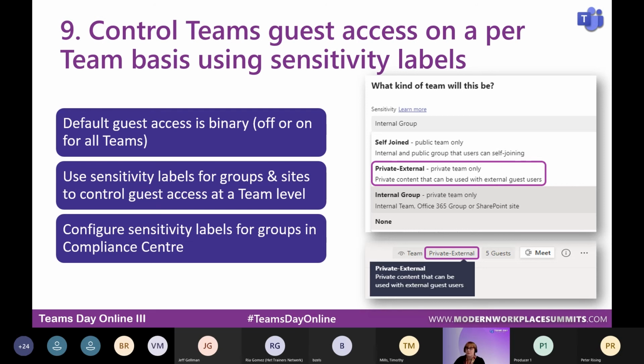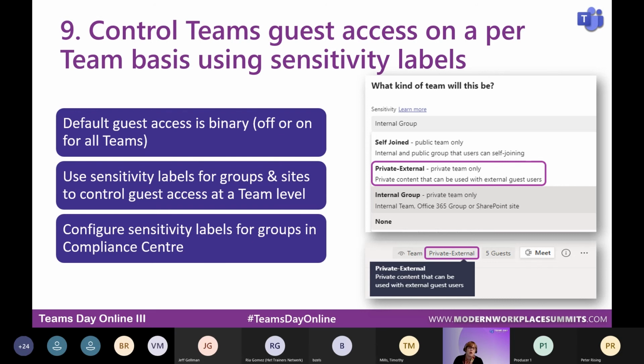So on a team by team basis, when you're creating a team, you'll have an extra box, and part of that will enable you to allow guests, or it will block guests. For example, the recommendation is to have at least two teams: an internal team and an external team.